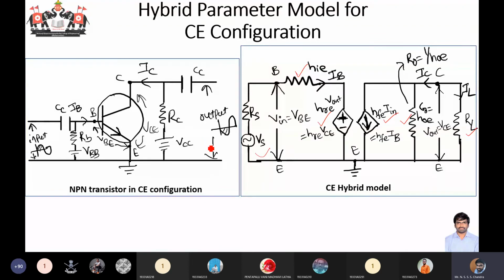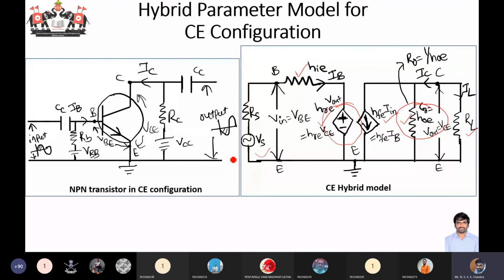If you want to reduce this circuit to a simpler form, you can do that. What I can do is reduce the dependent voltage source and this conductance value. If I reduce these, the circuit will be simpler. So we shall see how to draw this simpler circuit now.